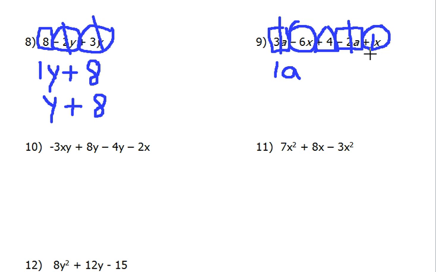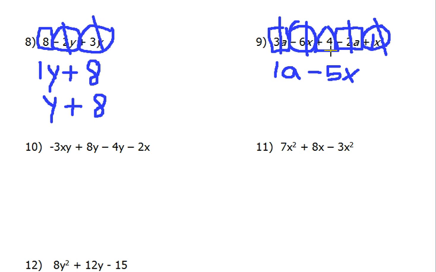So -6 plus 1 would give me -5x's. We would write that as minus 5x's. That negative that we get tells us that I need to put a minus sign here.